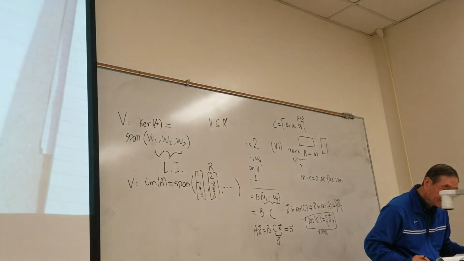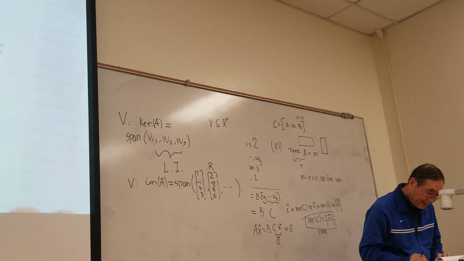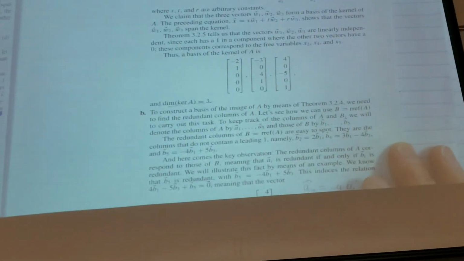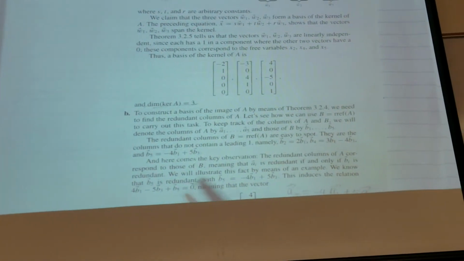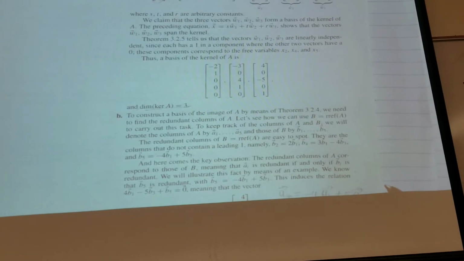So let's go on. In this book, in this example, they say use RREF of A to find the redundant columns of RREF of A. Then every redundant one you find corresponds to a column in the original matrix, right?